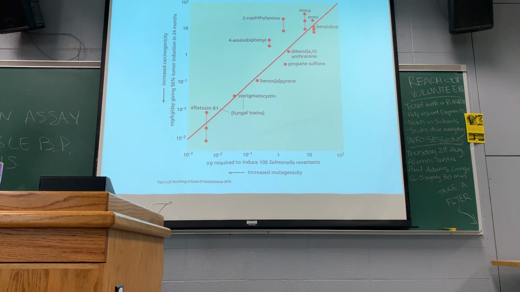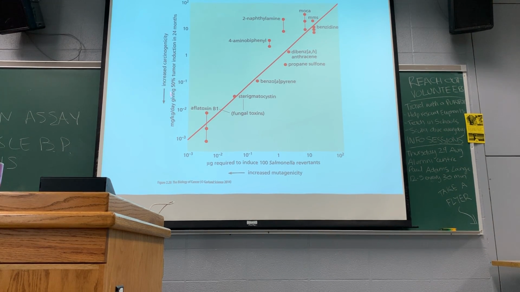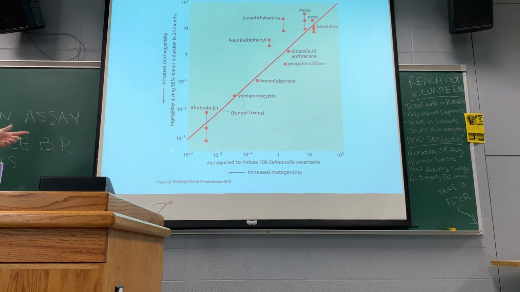They've plotted this on the x-axis and on the y-axis they're plotting these same compounds now for an actual carcinogen test, where they're putting them in a rodent model and they're looking to see how much of this compound it took to give half of the animals an actual tumor. So basically, you're plotting carcinogenic potential against mutagenic potential here, and you see a pretty nice correlation, right?